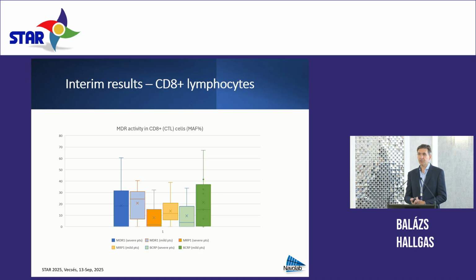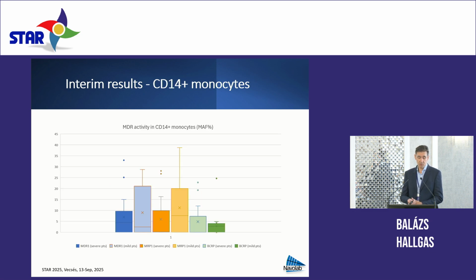However, the average transporter activities are much higher than in the regulatory lymphocytes. And regarding the monocytes, what is obviously different is the BCRP activity in the mild patient group. However, these are still not significant differences.